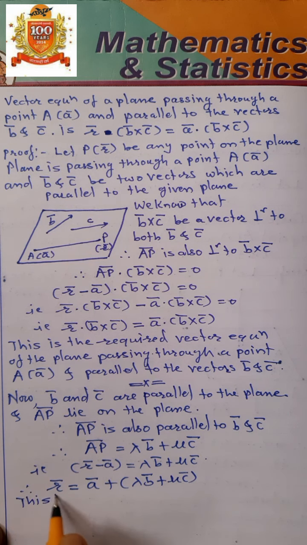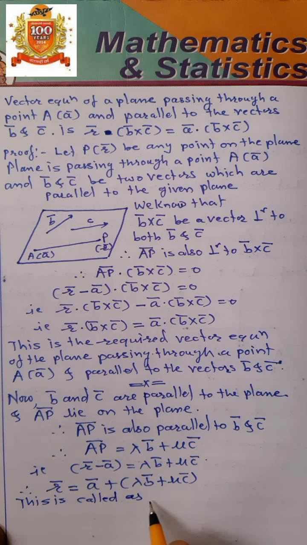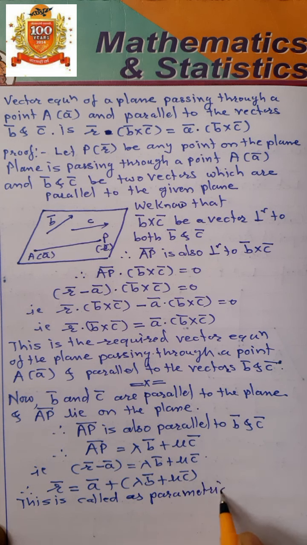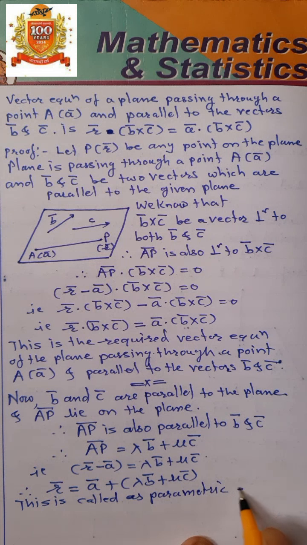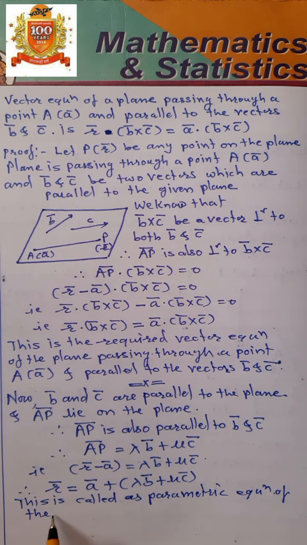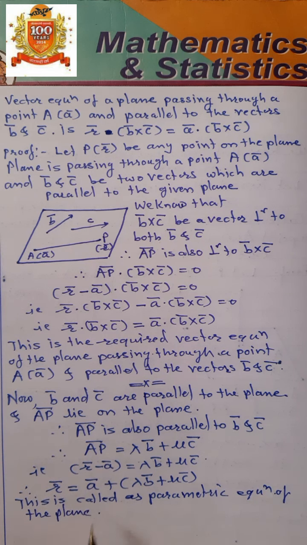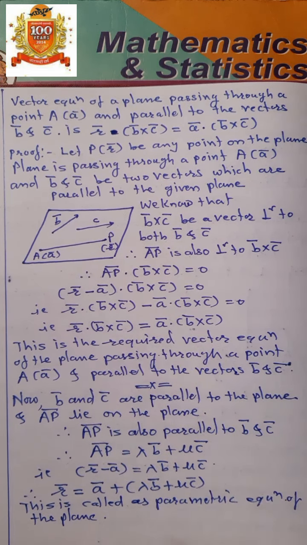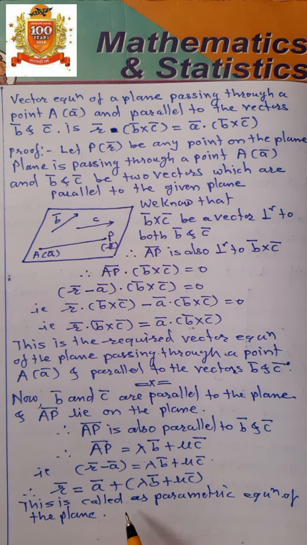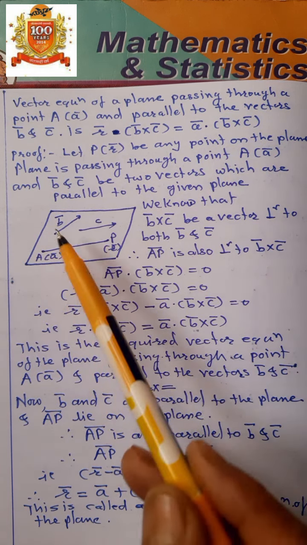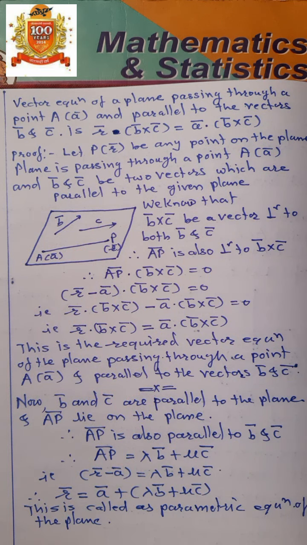This is called the parametric equation of the plane. In this way, we see the vector equation of a plane as well as the parametric equation of a plane, when a plane is passing through a point A and parallel to two vectors B bar and C bar, isn't it?